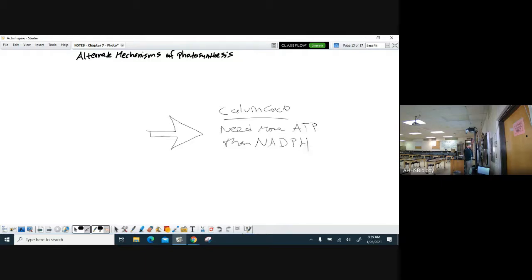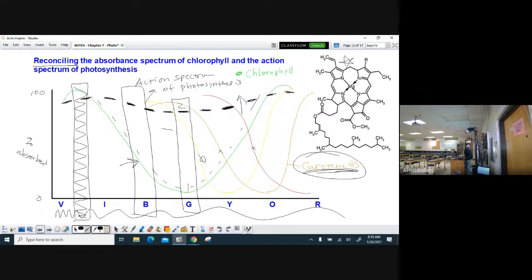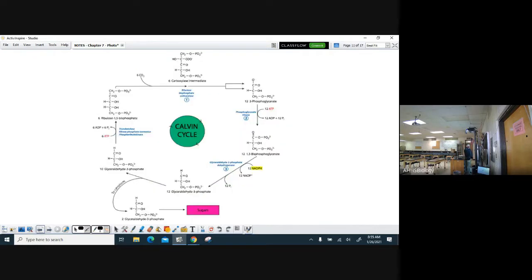Okay, we looked at that when we did this right here. You can see that it needs 6 ATP, 12 ATP, so 18 ATP and 12 NADPH in order to make 1 round of this, or technically this would be like 6 rounds to make a sugar. Yeah, it's 6 rounds to make a sugar.